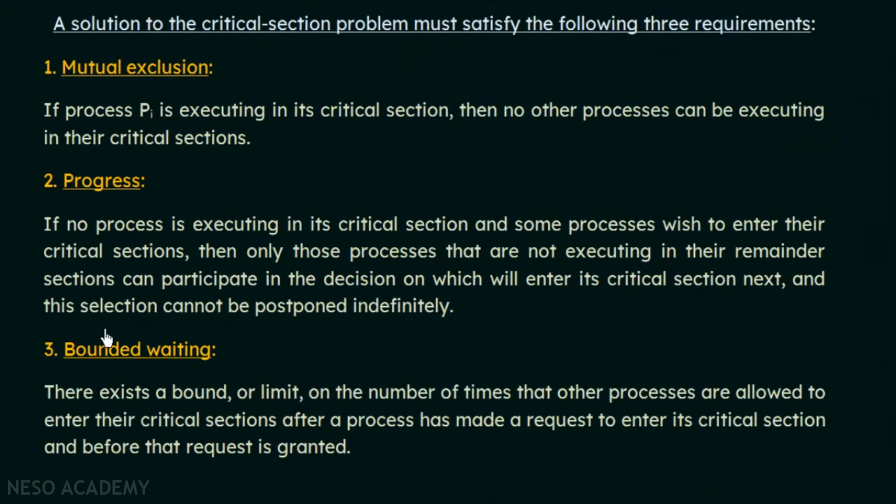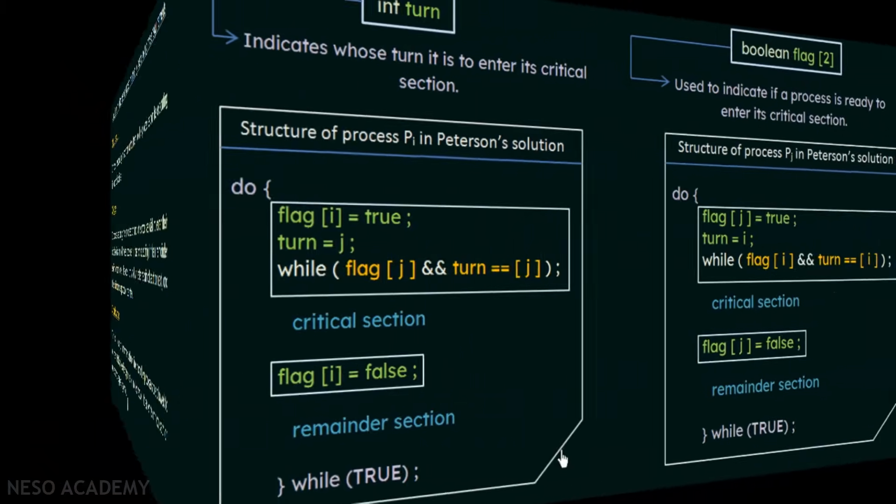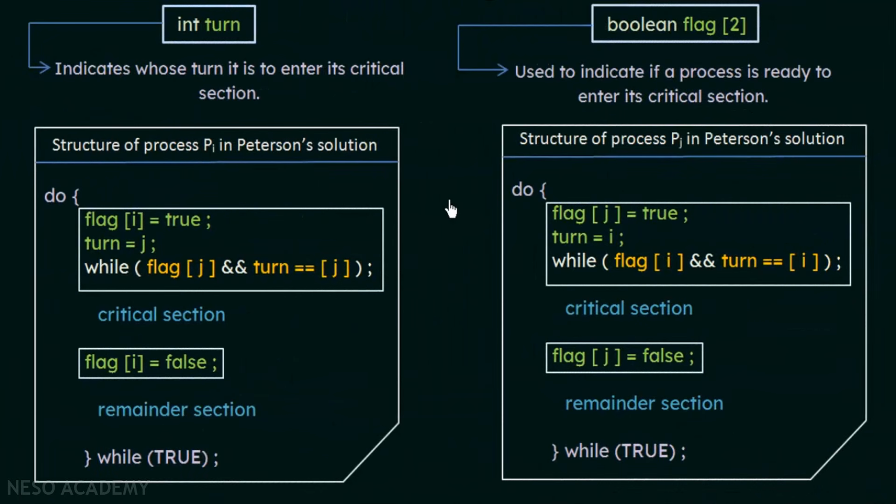And then lastly, bounded waiting. It says there exists a bound or a limit on the number of times that other processes are allowed to enter their critical section after a process has made a request to enter its critical section and before that request is granted. We saw that bounded waiting also is fulfilled, because when one process requested the critical section, it was allowed to enter and was not kept waiting indefinitely.